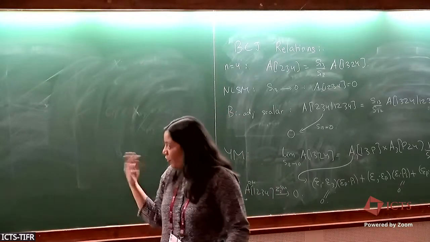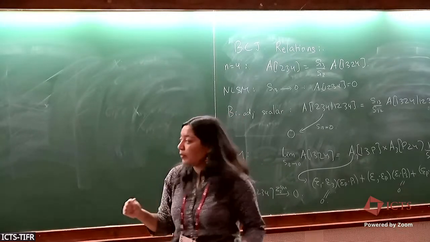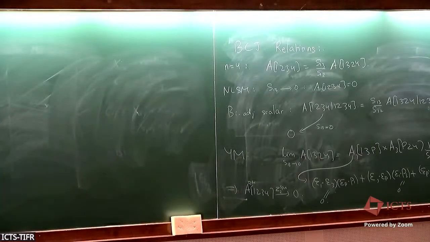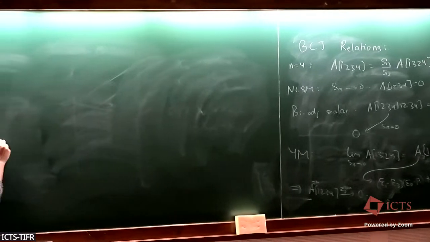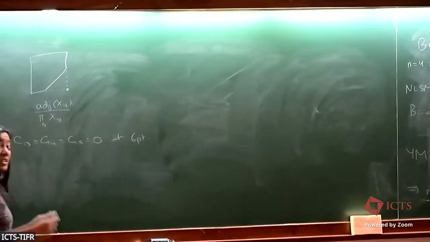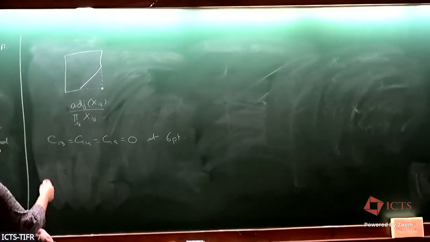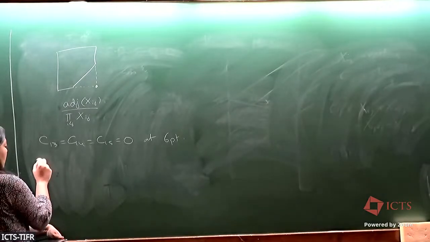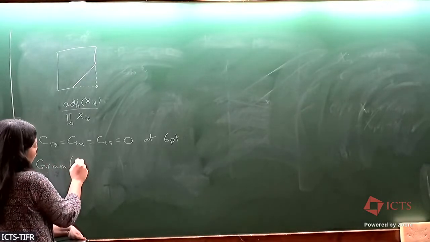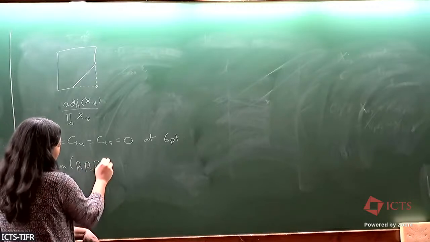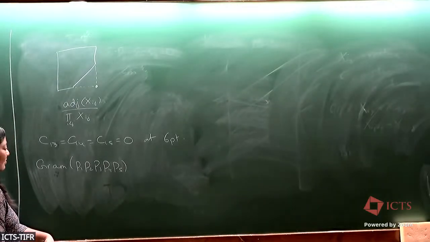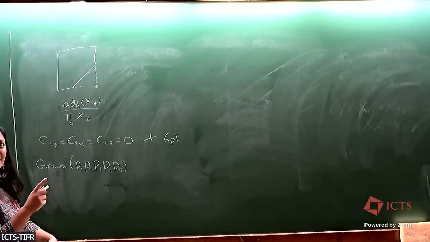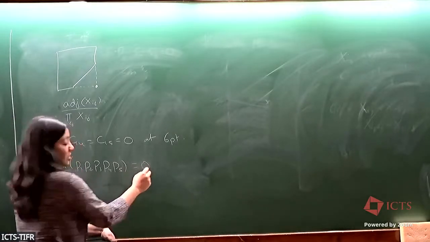So, for example, in 4 dimensions, I was making this point about how we are one step away from Adler, right? When c13 equals 0, c14 equals 0, c15 equals 0 at 6 point, if you set one more Mandelstam, you go to Adler. If you look at the Gram determinant, Gram of P1, P2, P3, P4, P5, this has to be equal to 0 in 4 dimensions.